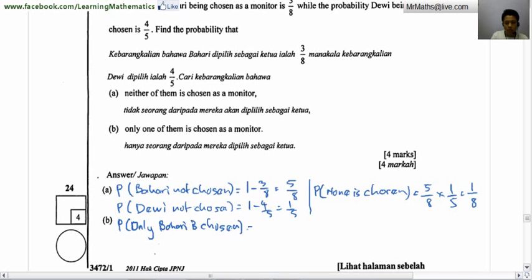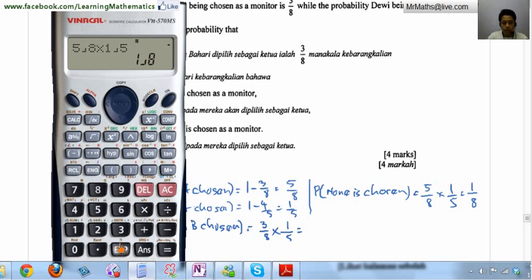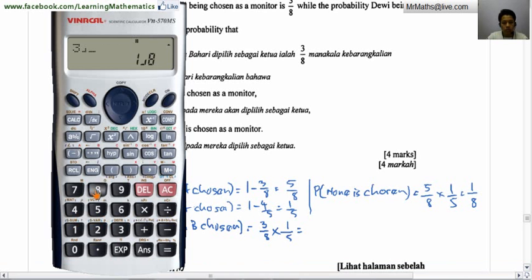His probability is 3/8 times the probability that Dewi is not chosen, which is 1/5. This is 3/8 times 1/5, which is 3/40. Yeah, 3/40.